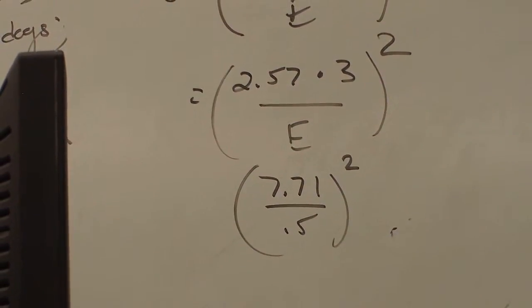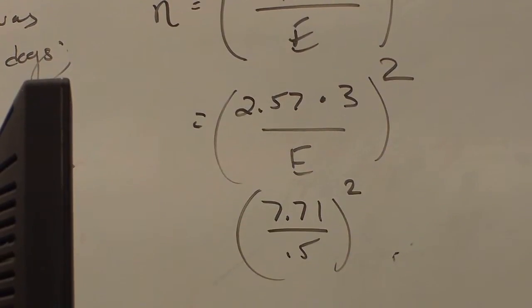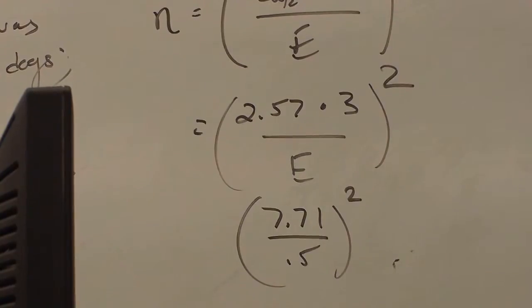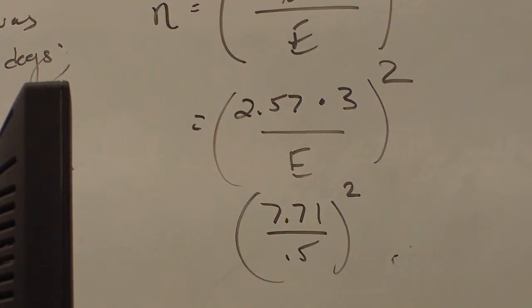It's 3 times 2.57, 7.71. That's not faster than we can do. Yes, it is.